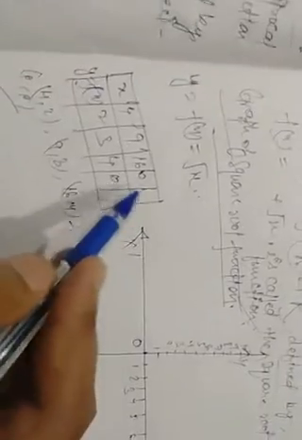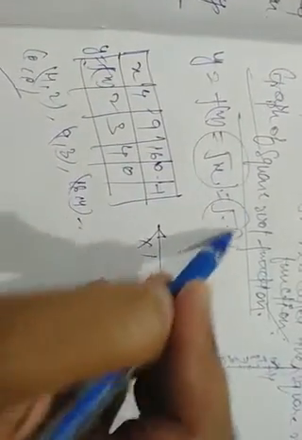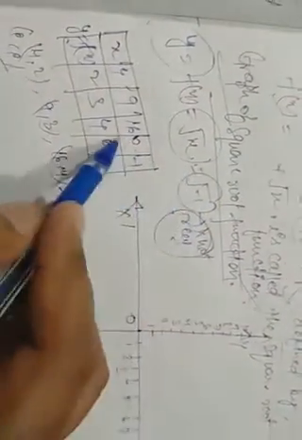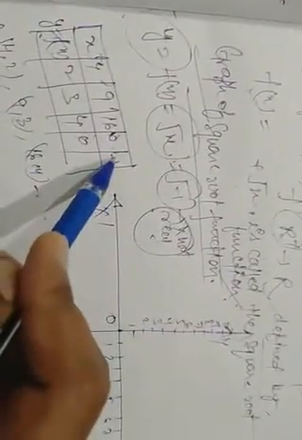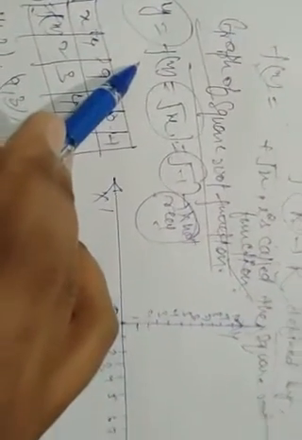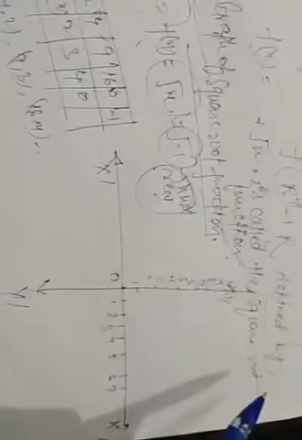And if we put x is equal to -1, that is root -1, which is not real, so the function is not defined. So there is no negative value of x for the square root function. So this function is defined only for all the positive real values of x.